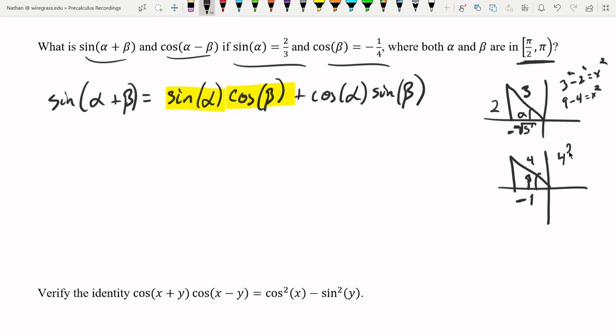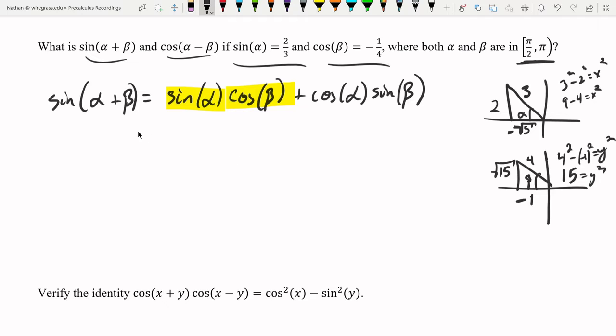So it's 4 squared minus negative 1 squared equals, I'm going to name this y squared, 16 minus 1 is 15. And that's going to be positive root 15, because the negative 1 handles the quadrant we're in.